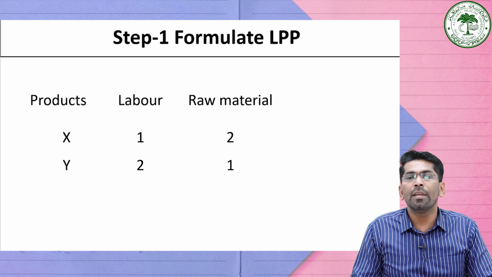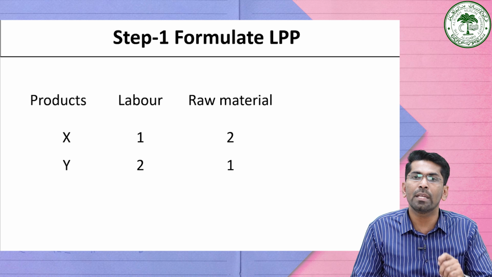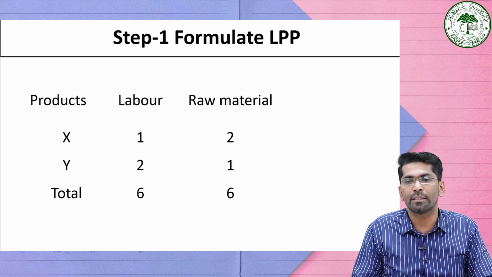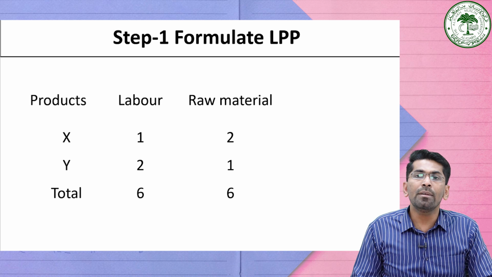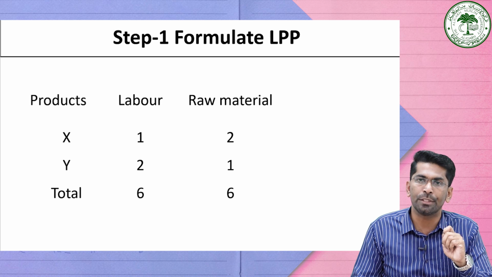Besides that, the given information is that the company has a total of 6 units of raw materials and 6 units of labor available. So this is one of the constraints: the total available labor is 6 and the total available raw material is also 6. Now another important constraint given here is that the company has a minimum production requirement.